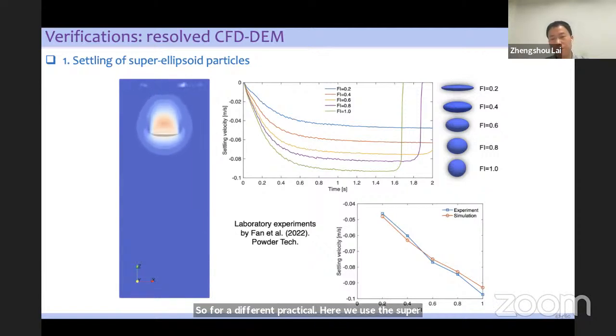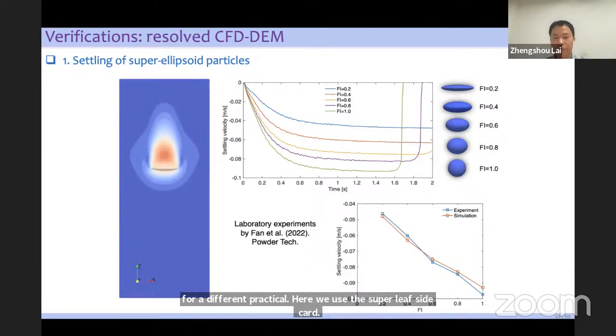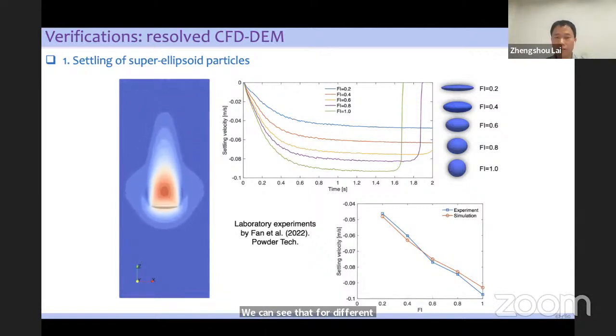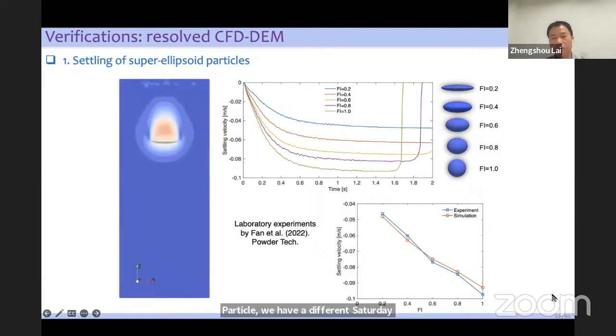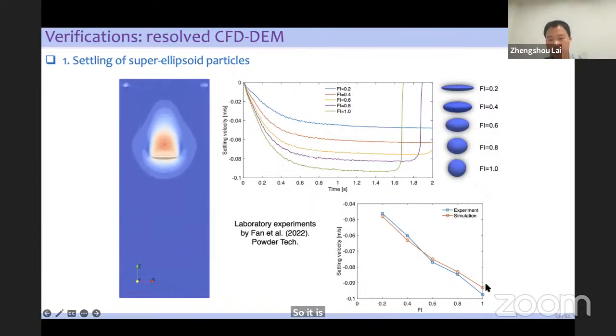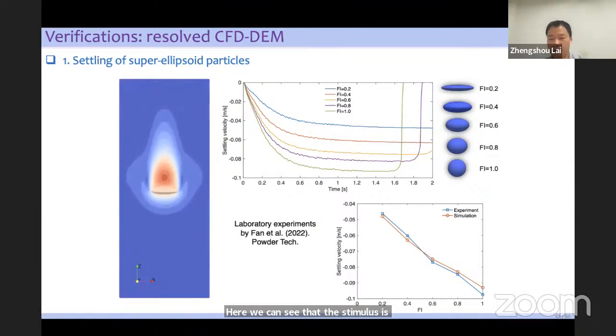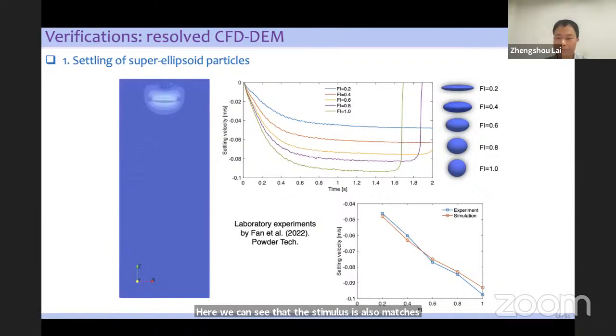We can see that for different flatness, the particle will have different settling velocity, the terminal velocity. And here we use the resolved CFD-DEM. In the resolved CFD-DEM, the particle surface can be resolved in high resolution, so it is different from the unresolved one. Here we can see that the simulated results also match well with the physical experiments.